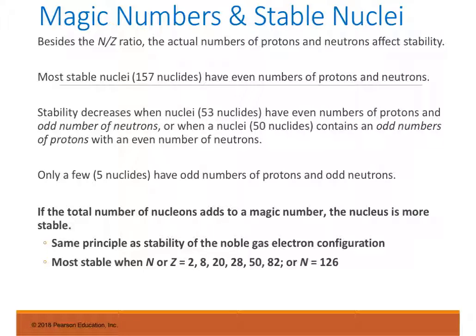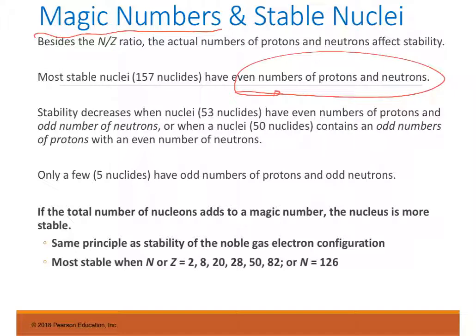All right, I've always thought this is kind of odd. There are some what we call magic numbers, and some rules that the nuclides are particularly stable. So even numbers of protons and neutrons are more stable.